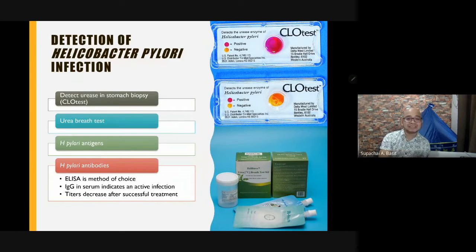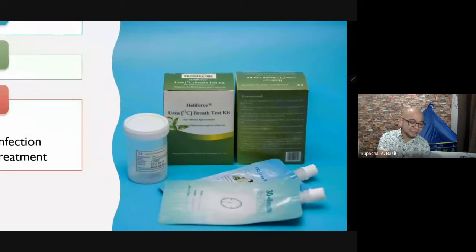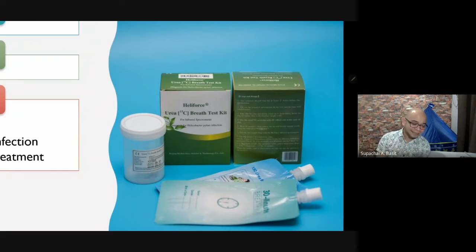We can also detect it using the urea breath test. So how do we do it? We give radioactive urea to the person, and after quite a while, the person will breathe, and the amount of urea produced will be detected in a scintillation or gamma counter.